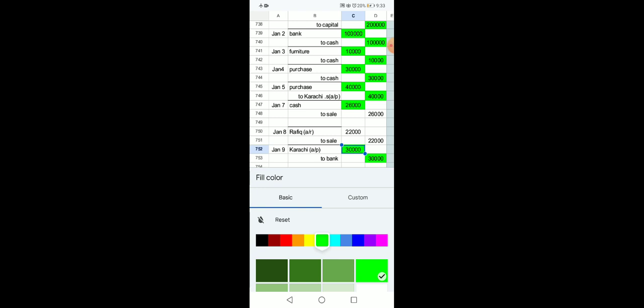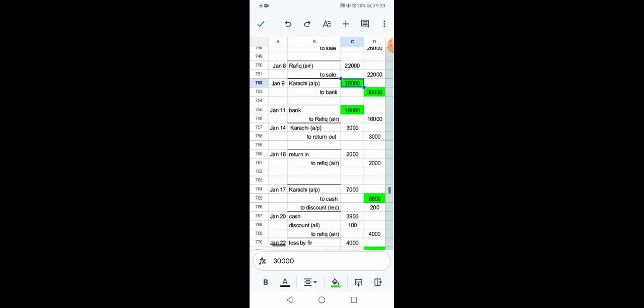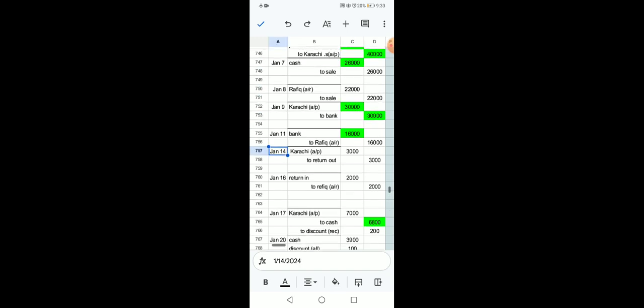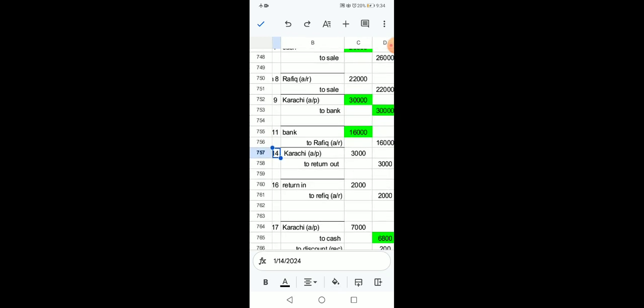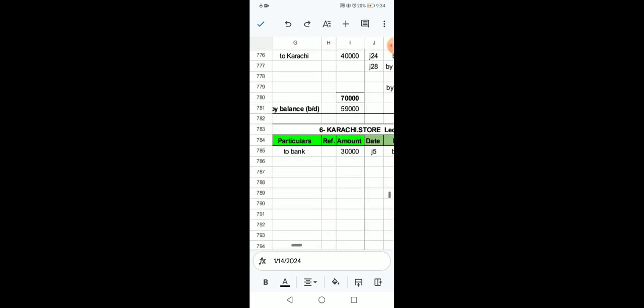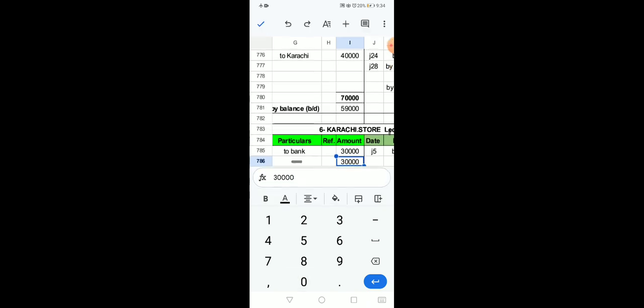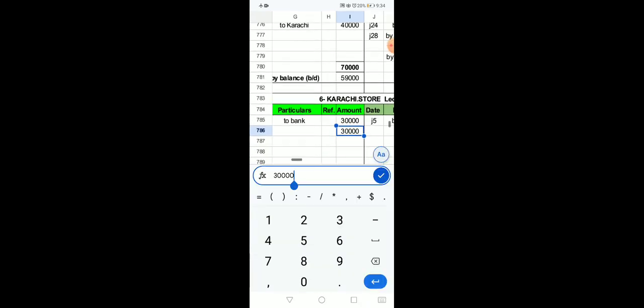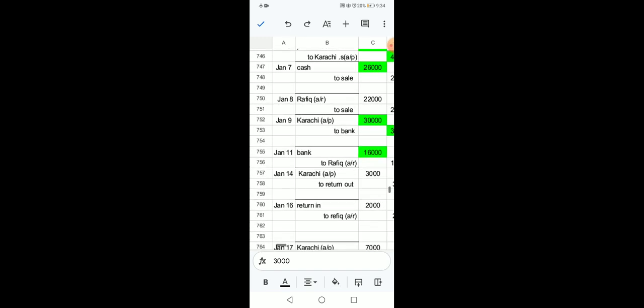All right. So we have to see if Karachi is present elsewhere. Yes. We had posted the entry of January 9, 30,000, after which January 11 no, January 14 yes. Karachi is debited by 3,000. So you will go to the debit side and write 3,000 in the amount column. Okay, now see what is the reference for this 3,000 on January 14. What is written on the opposite side?